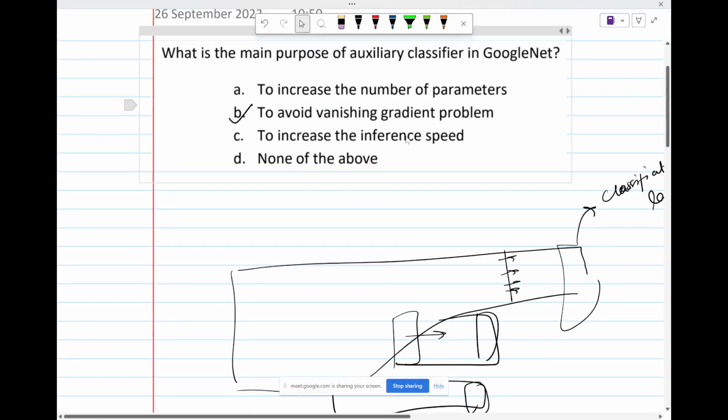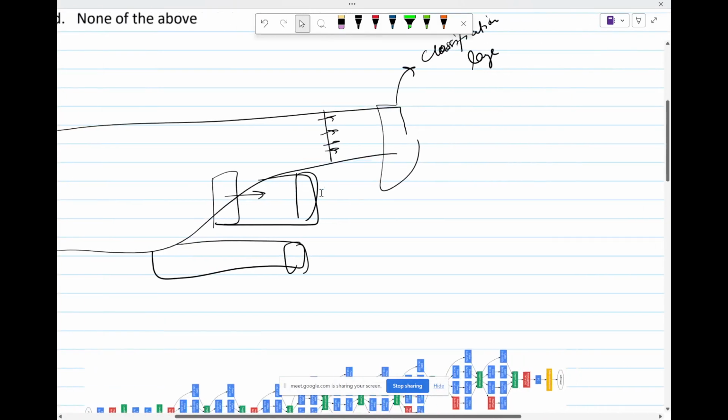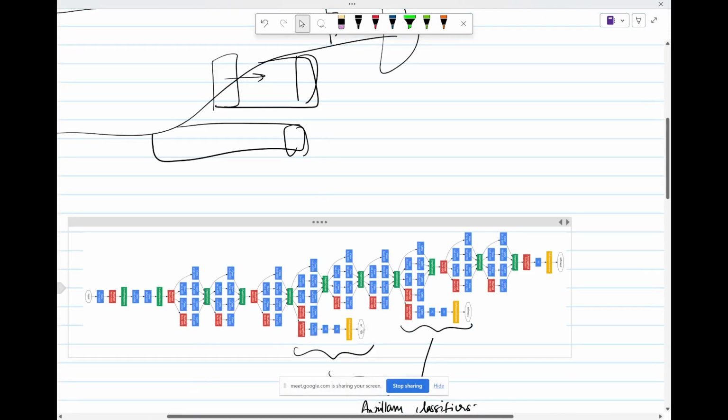to increase the inference speed. So there won't be any benefit to the inference speed, that is the time it takes to predict the output for a single image. That depends on how deep your neural network is.